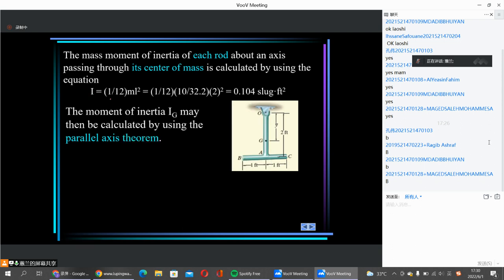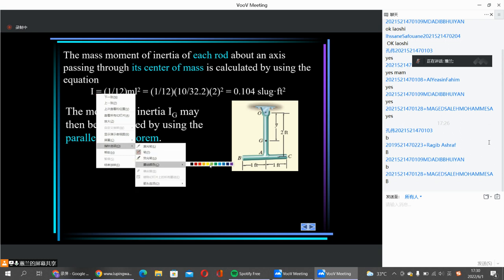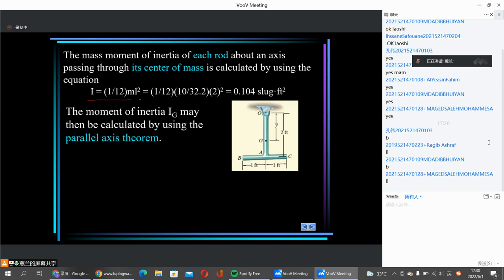For each rod, we know the mass moment of inertia about its mass center, just like for the vertical rod and the horizontal rod. The mass moment of inertia about CV and CH is given directly.